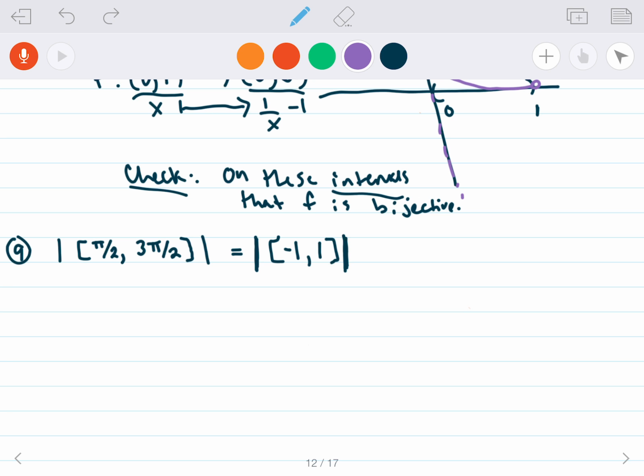I know that trig functions are defined in terms of radian values like pi over 2, 3 pi over 2, and that without any transformations, the range for these trig functions goes from -1 to 1. So it might be natural to consider a trig function here.